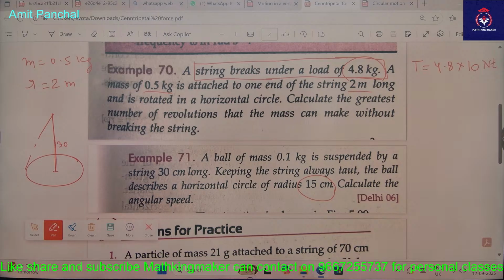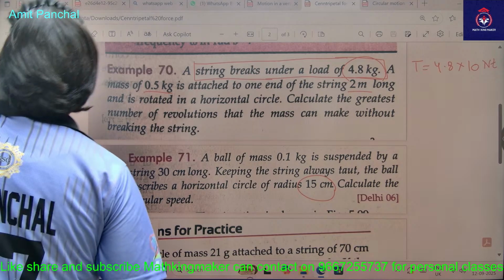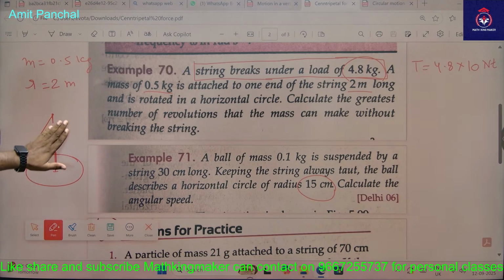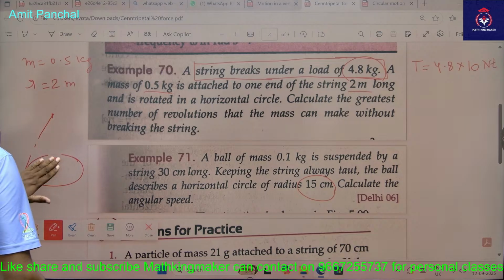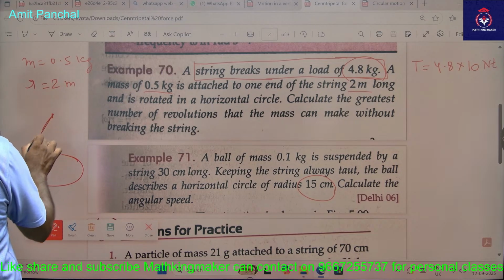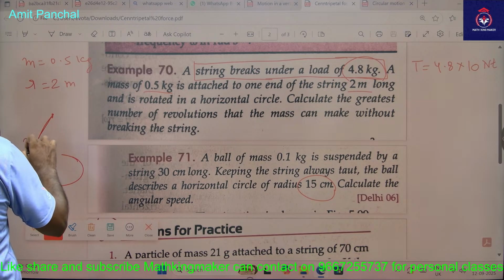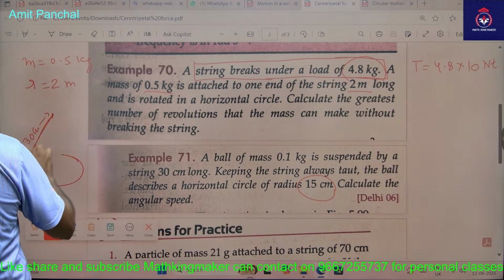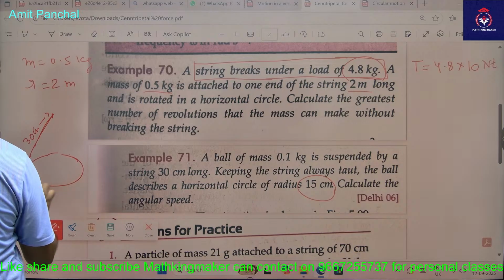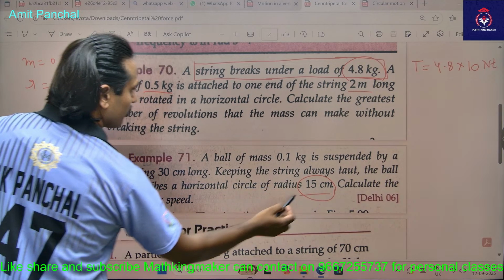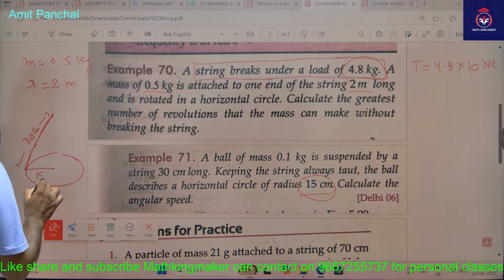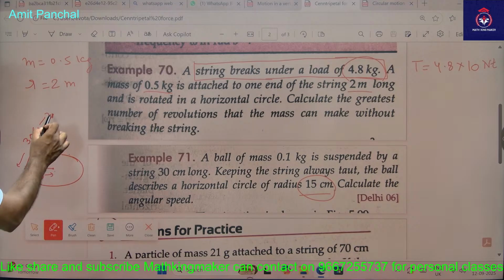It is making a circle, so that length would be 30, and as it is a circle, the radius would be 15. Just like this, you can do the question.